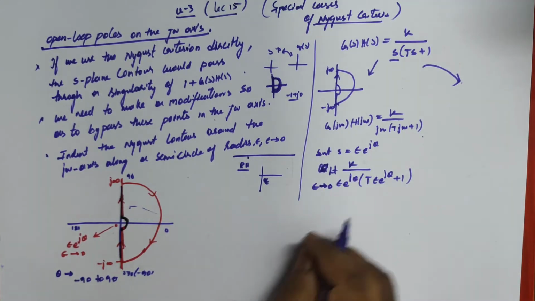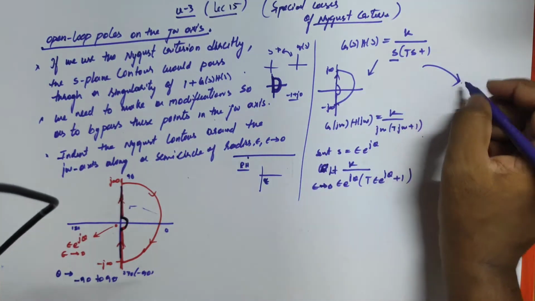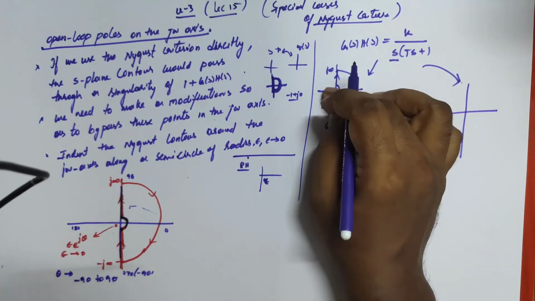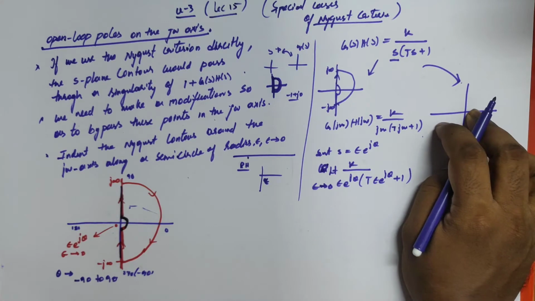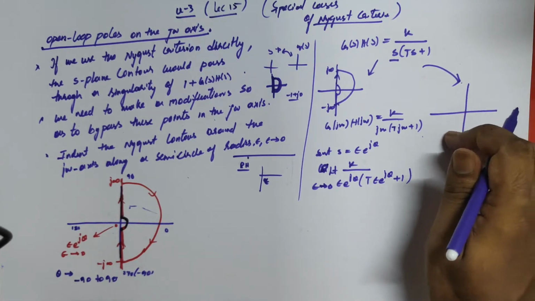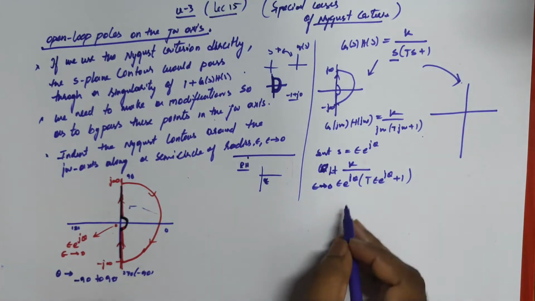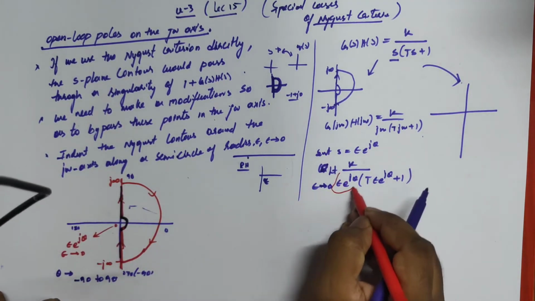Now for every point, the Nyquist mapping is saying that for each and every point I should have a mapping here, that will encircle the minus 1 plus j0 point. Now if epsilon naught tends to 0, we concentrate on this section.